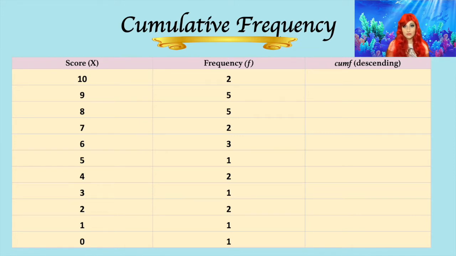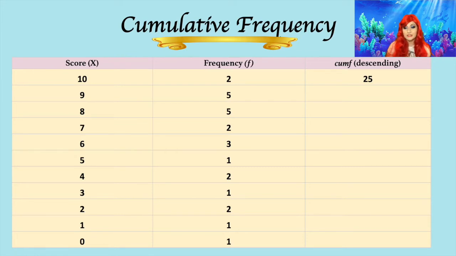So you should have the score from the scavenger hunt, the frequency with which each score occurred, and now our new column, CumF. The first thing we want to do is find out what was the total sample size, the total number of data points, which we know is 25. So you're going to go ahead and put 25 in that first line.